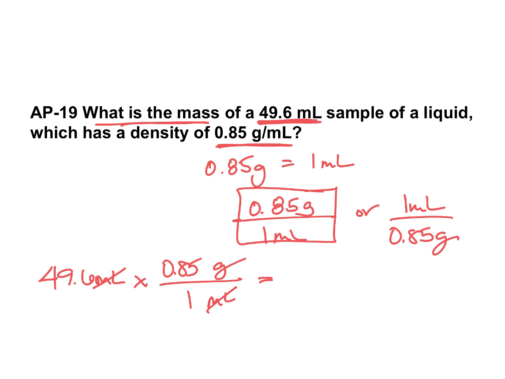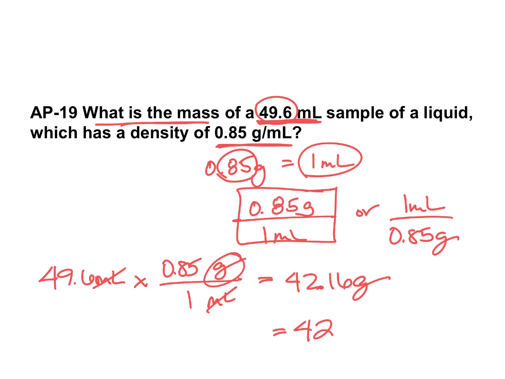So that's going to be 49.6 times 0.85, which is 42.16. Units are grams. For sig figs, we have 2 in the density, 3 in the original volume. This one is exact. So 2 is our lowest number of sig figs, so our answer is going to need 2. So 42 grams would be the final answer.